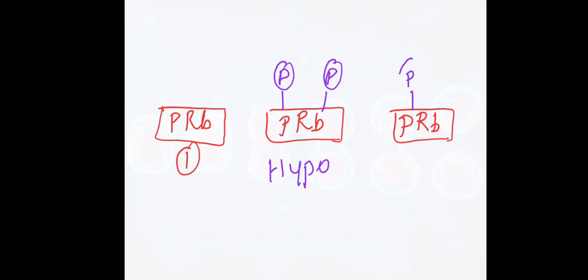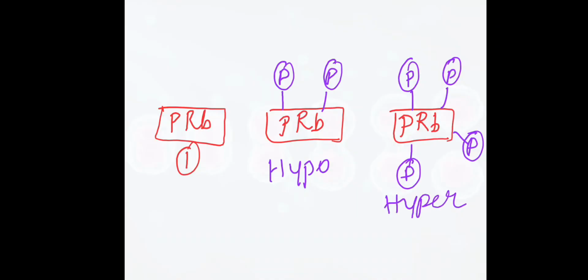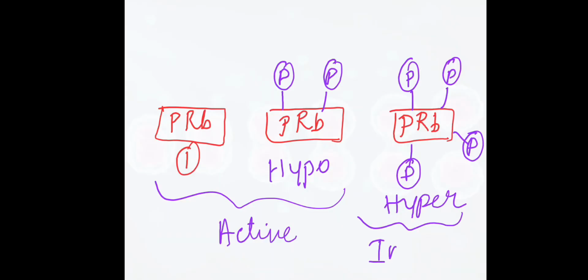I have added more phosphate groups to the third pRB, that is hyper. You got my point. Unphosphorylated pRB and hypophosphorylated pRB are active. Hyperphosphorylated are inactive. Remember this logic. Active means what? Un or hypophosphorylated form. I'll represent it like this.